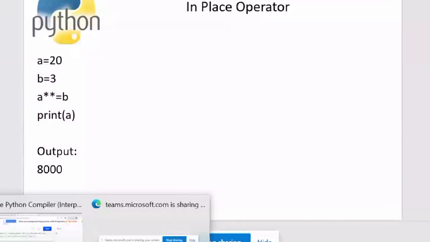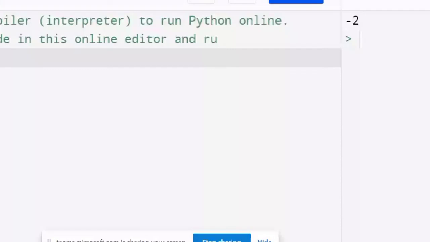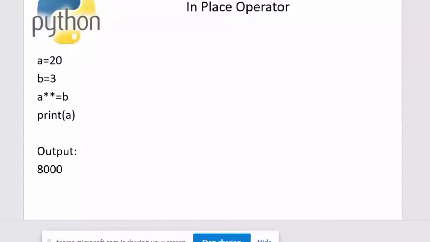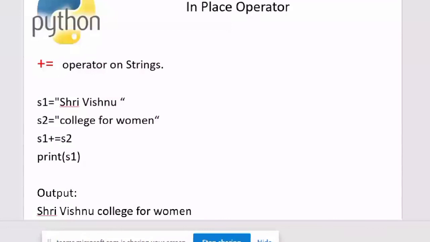Is the output screen updating quickly for you? Yes, sir. Okay, very good. So coming to this, you can also apply plus.